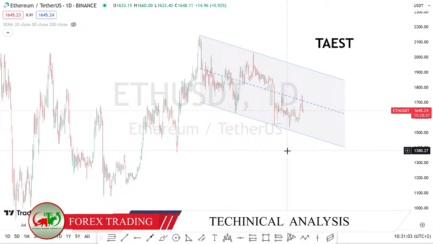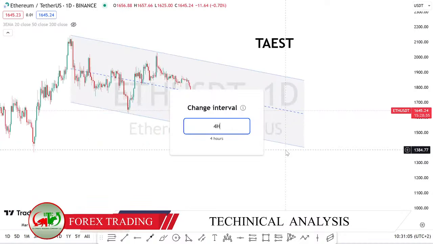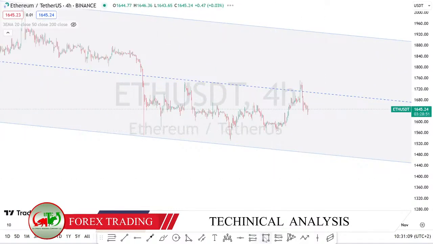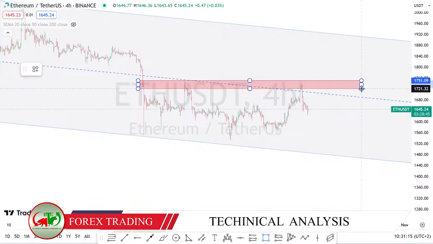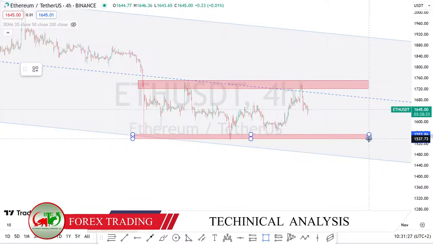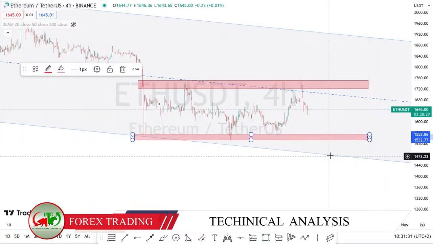cryptocurrency. Okay, dropping to 4 hour, you will see that you have a resistance around 1,751, and you have a support around 1,532.